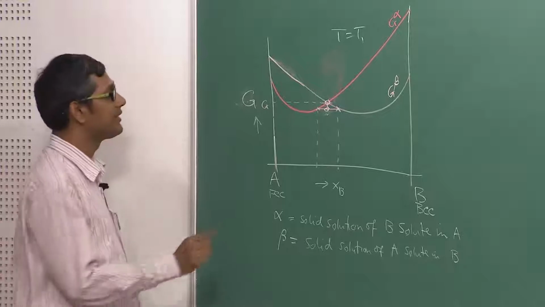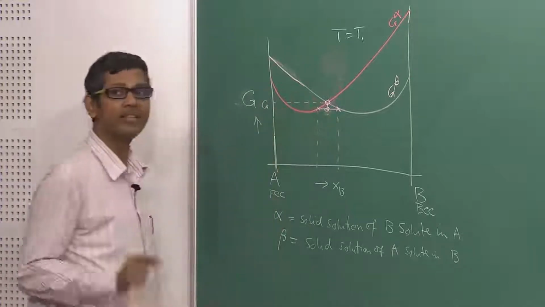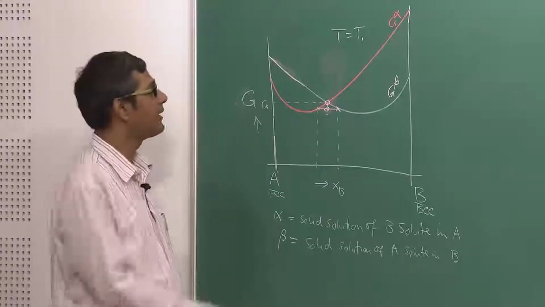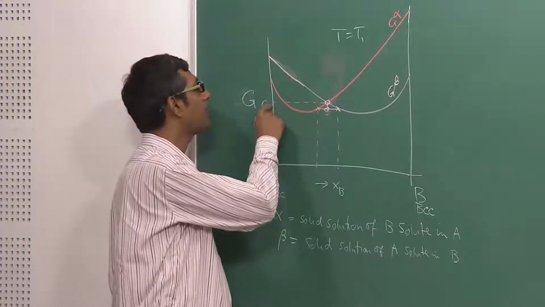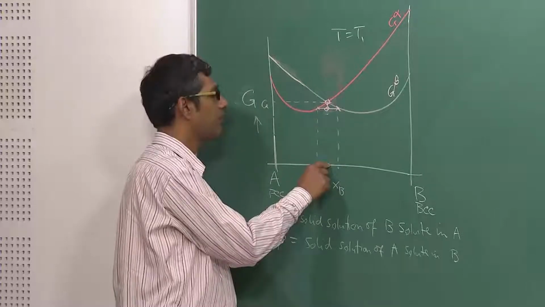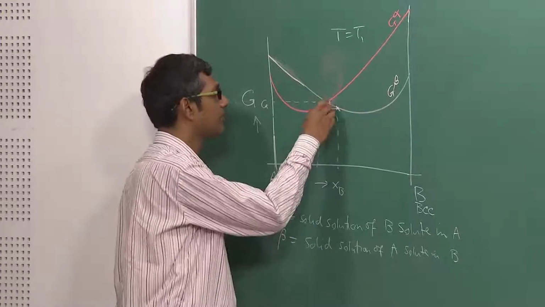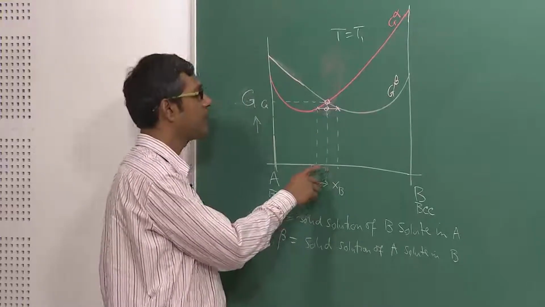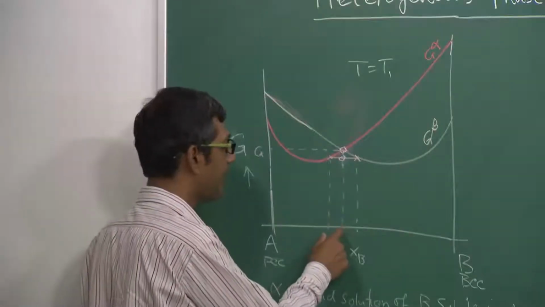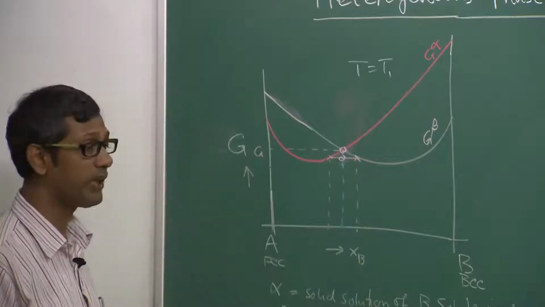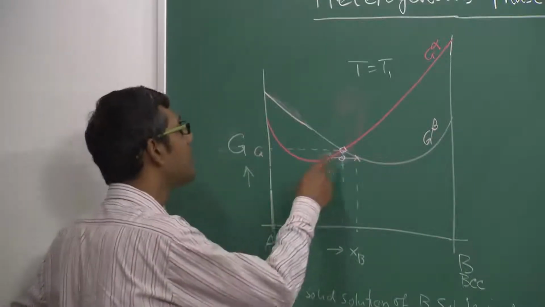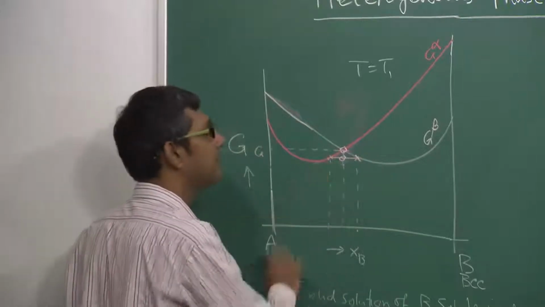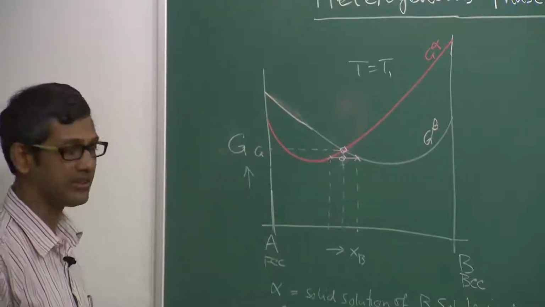So that means even though the crossover point tells you that the free energy of both the solutions is equal, and that the solutions of alpha and beta, alpha having this much of say, let's suppose, this much of B and beta of this much of A, will be stable from this diagram, that is not the case, because the system can always decompose into more alpha and more beta and then reduce its free energy.